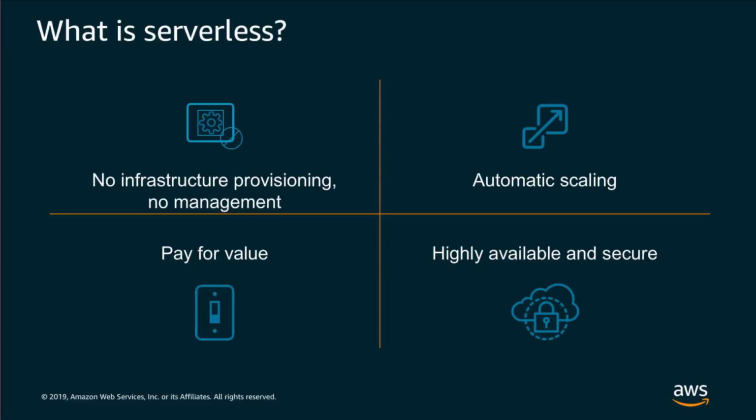So the way we view this is that there are specific tenets of what it means for a service to be serverless. For one, there is no infrastructure to provision or to manage. In other words, you don't have any servers to operate, to patch, and things like that. It also automatically scales by unit of consumption. So instead of paying for server units, you're actually paying for the consumption of a value that matters to you.